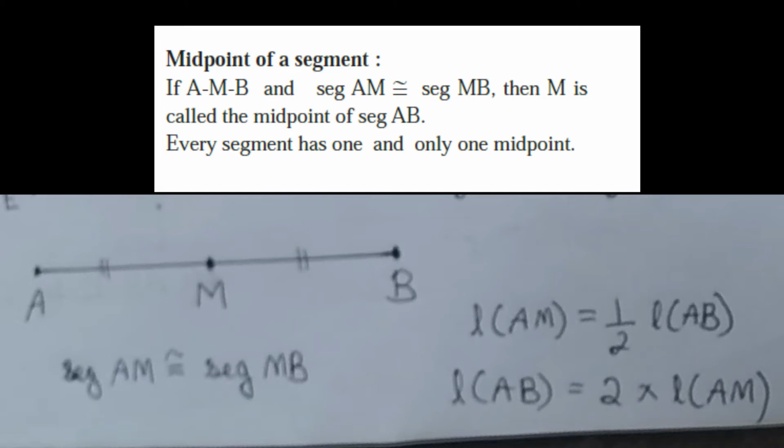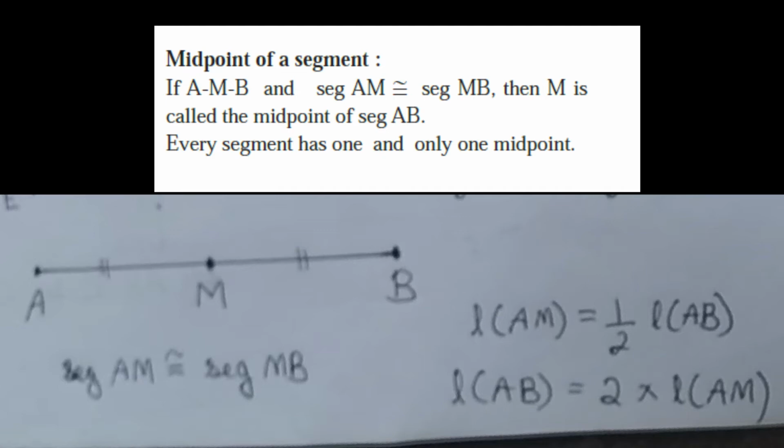Next we will see midpoint of a segment. If A-M-B and segment AM is congruent to segment MB, then M is called the midpoint of segment AB. Every segment has one and only one midpoint.